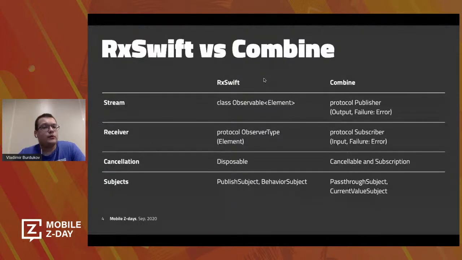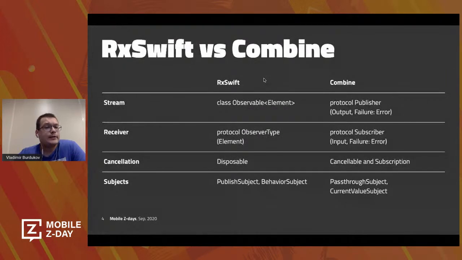Sometimes we need to cancel some work inside our stream. In RxSwift, we can use Disposable for that purpose. And in Combine, we can use the Cancellable and Subscription protocols. Cancellable inherits from Subscription, they're connected. Cancellable is usually a public part of our interface.